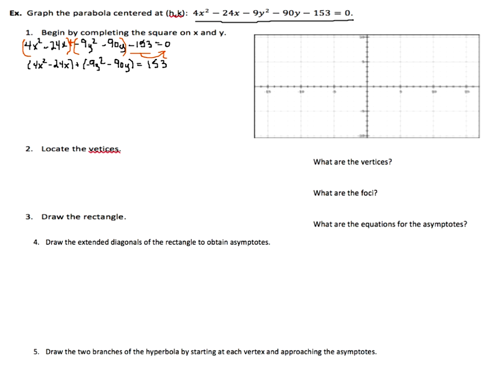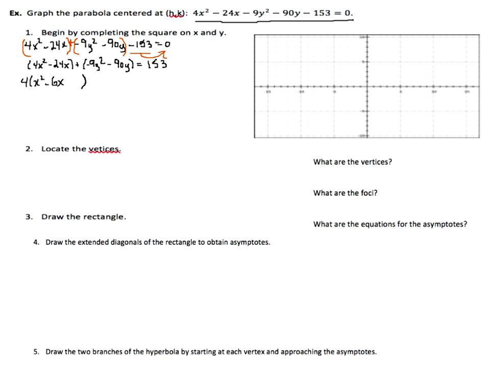And now I'm ready to factor and then start the process of completing the square. So with these first two terms, my x squared, my x term, I'm going to factor out a 4. And I'm left with x squared minus 6x. I'm going to leave a blank for completing the square there. So that's what that space is for.